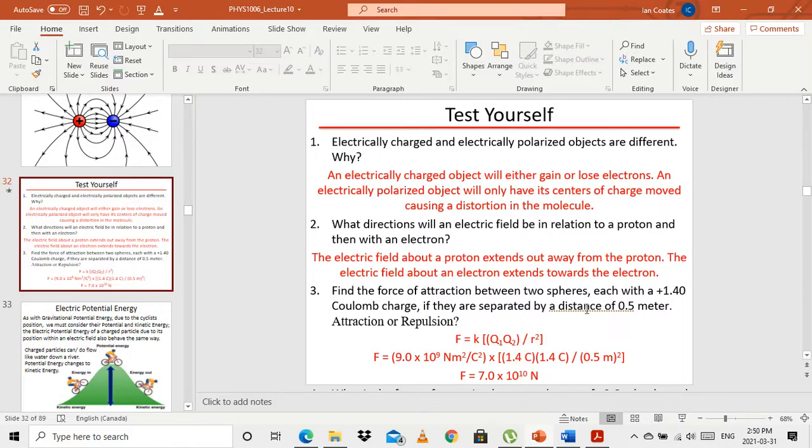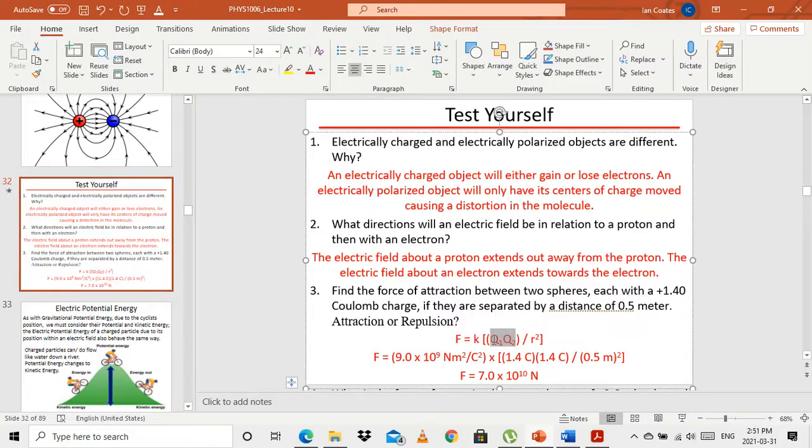Find the force of attraction between two spheres, each with plus 1.40 Coulomb charge, if they are separated by a distance of 0.5 meters. Is it attraction or repulsion? Well, there's your formula. Okay, that's a given.